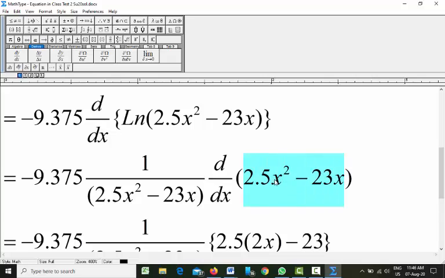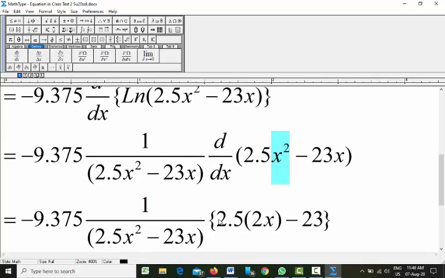The first part is 2.5x square. Here 2.5 will stay as it is, this is the coefficient, and if you do differentiation of x square, you will get 2x. So 2.5 multiplied by 2x means we get 5x from here.